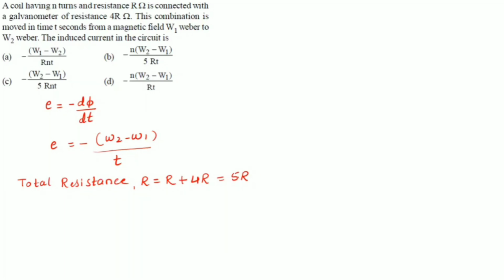Now we can use Ohm's law, I equal to E divided by R. So I equal to, in place of E, we can write this equation, minus W2 minus W1 divided by T into total resistance 5R.